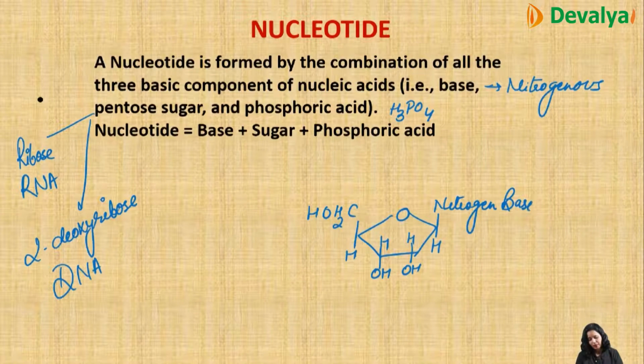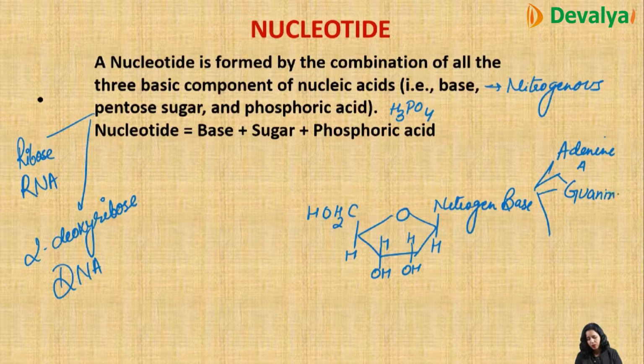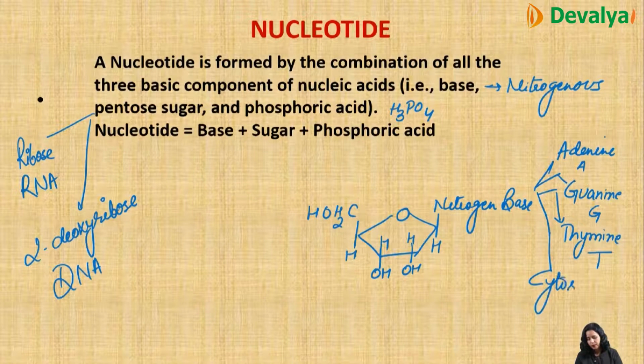Nitrogenous bases are mainly 4 types, that is adenine, represented by A, then guanine, that is G, then thymine, that is represented by T, and cytosine, that is represented by C. And adenine always forms a bond with thymine, doubly bonded, and guanine forms a bond with cytosine.